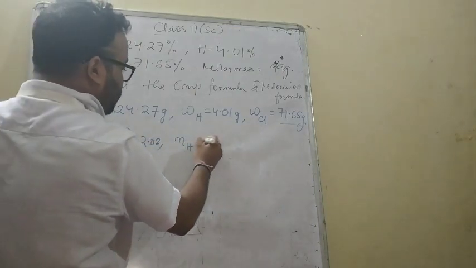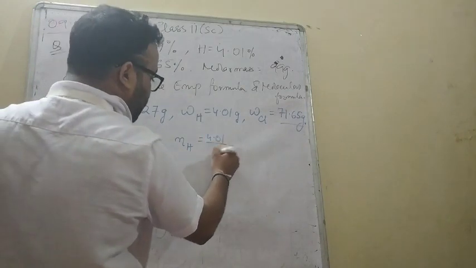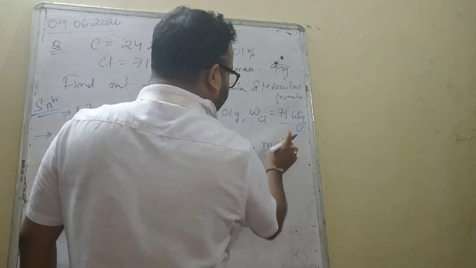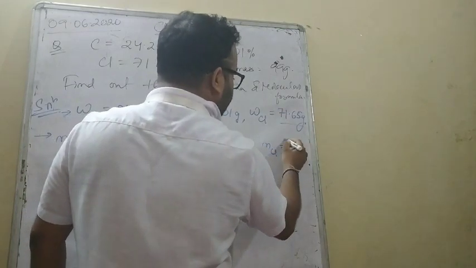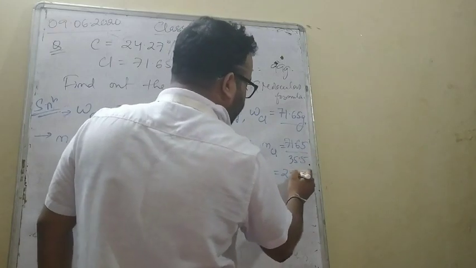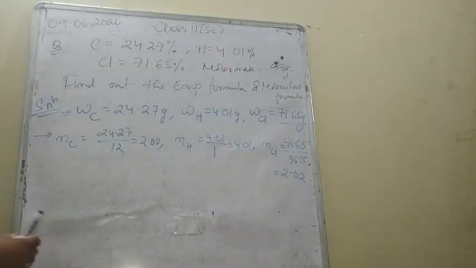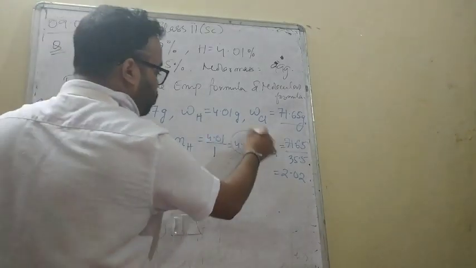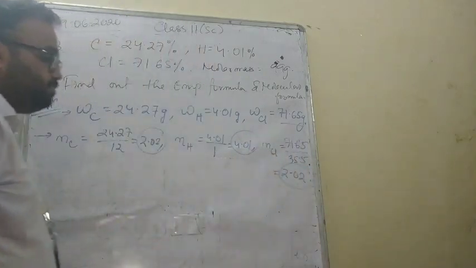Number of moles of hydrogen, given mass by molar mass, 4.01. Number of moles of chlorine, 71.65 divided by 35.5, that is 2.02. So you have got 2.02, 4.01, 2.02.